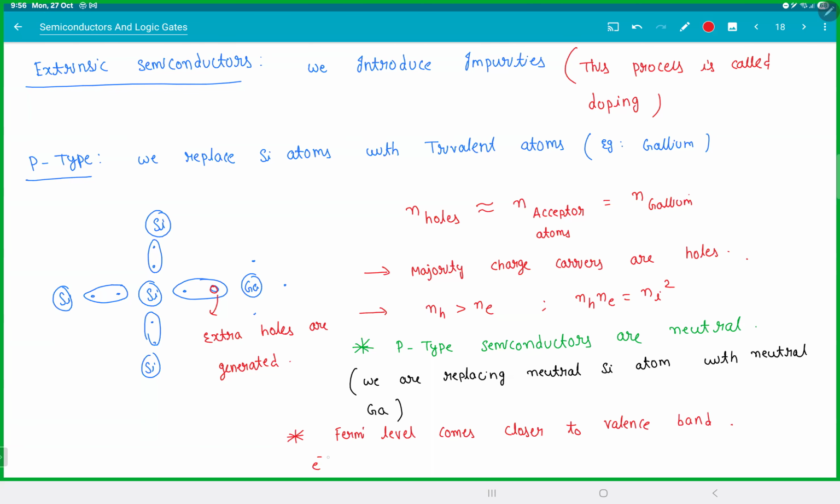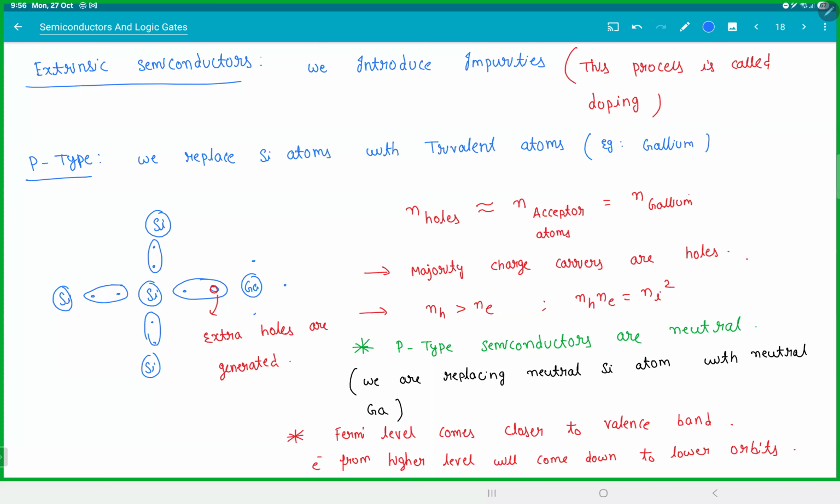So basically, electrons from higher orbits will come down to fill the holes in the valency band. Clear with this? These all are theoretical questions. So I'm putting down all the important theoretical stuff.